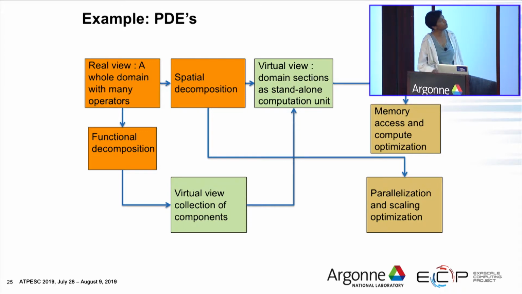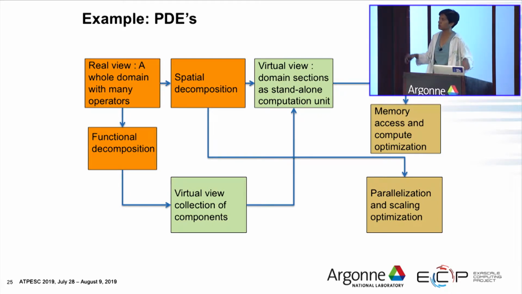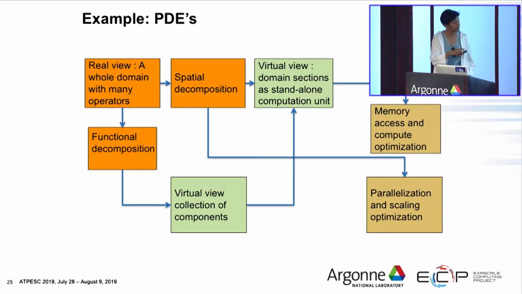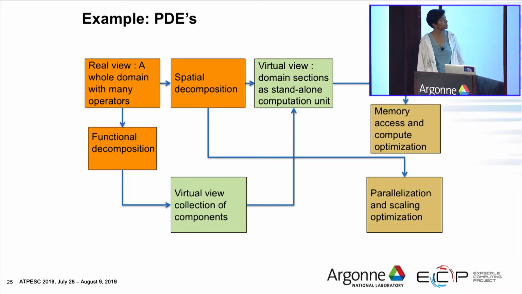So in a virtual view then, it is a domain section as a standalone compute unit. A block surrounded by its ghost cells is a standalone computation unit, where an operator that's operating on it cannot differentiate between just that block and the entire domain. As far as it knows, it is operating on the entire domain. In the functional decomposition, the virtual view is as a collection of components.